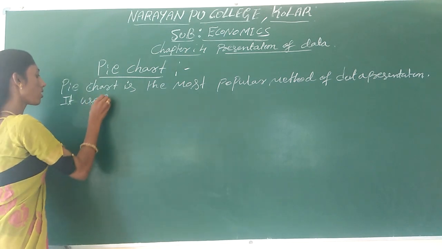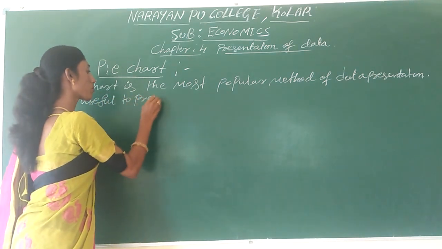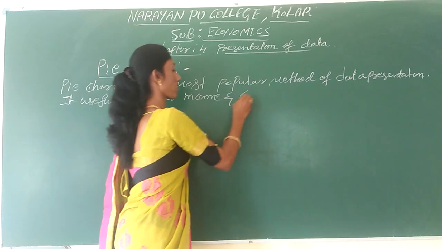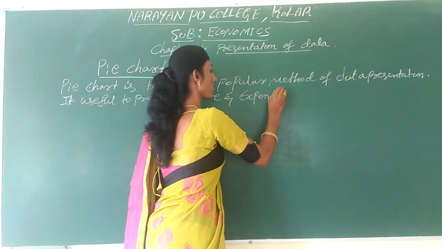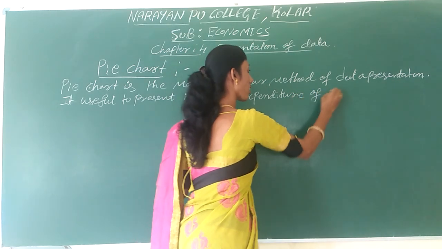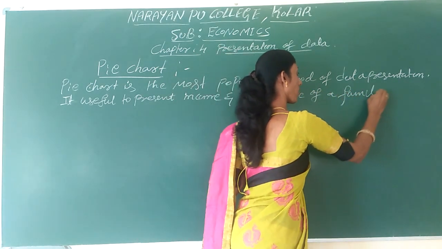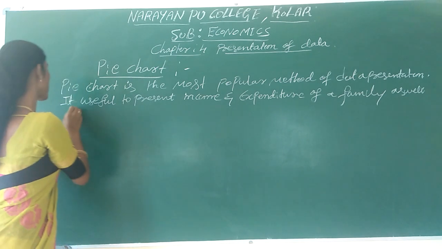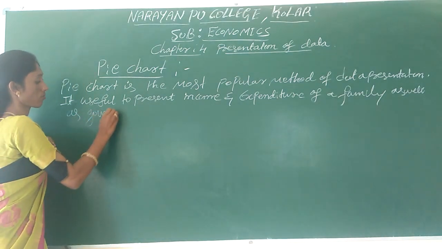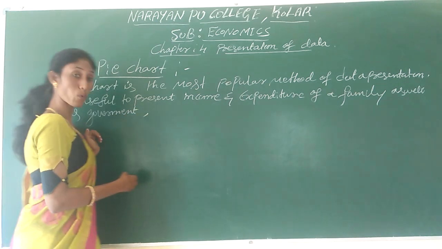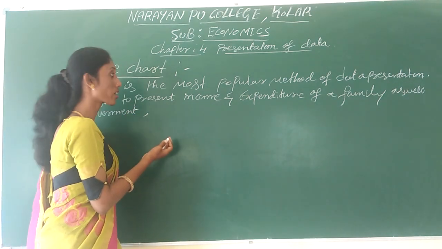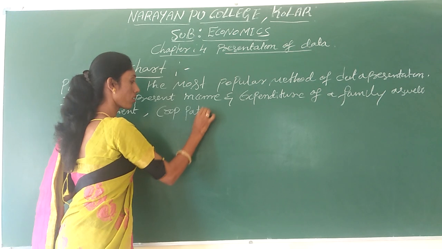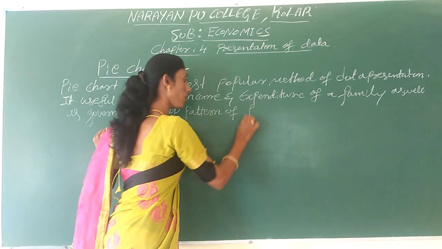it is useful to present the income and expenditure of a family as well as a government, and one more type of data for which we can also use the pie chart, that is the crop pattern of a farmer.